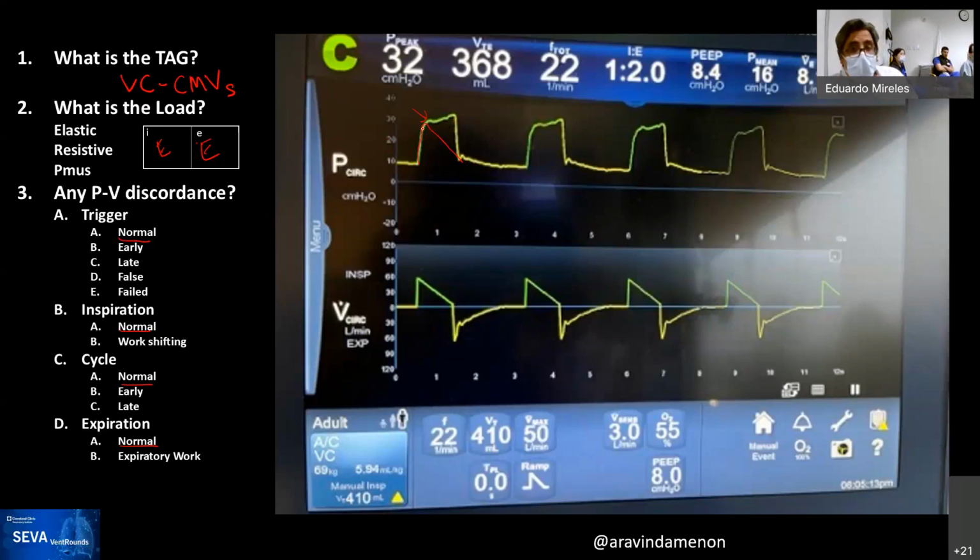So at the end of the breath the pressure is higher, which goes with an elastic load. And then, as you mentioned appropriately, the time constant, the time to return to baseline, is short, within 1.5 seconds or less, which also speaks towards an elastic load.